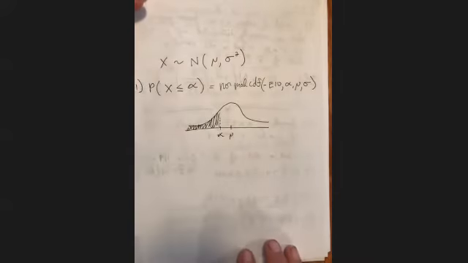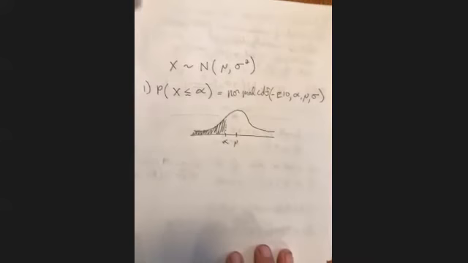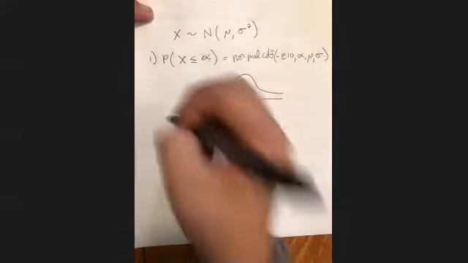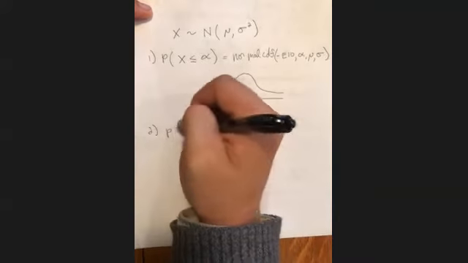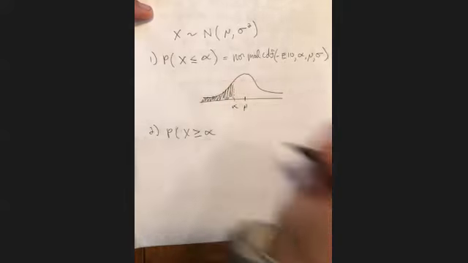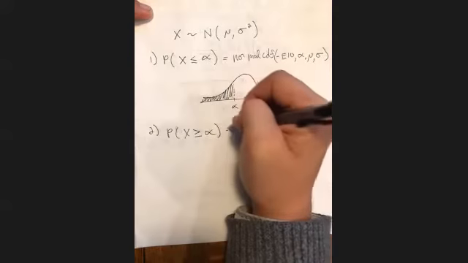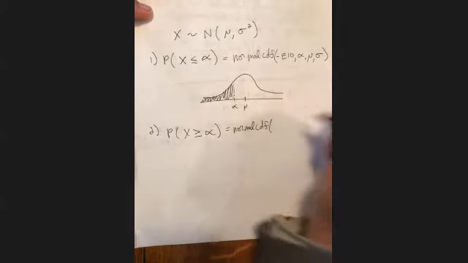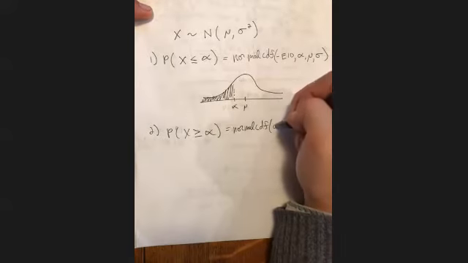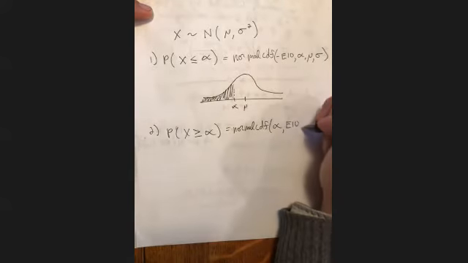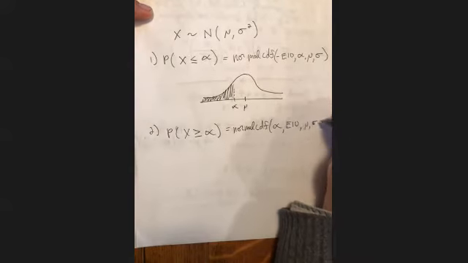So this is the first possibility. Second possibility, probability that our random variable is greater than or equal to alpha. In terms of the normal CDF function, this is going to be lower bound alpha, upper bound something very large, E10, and then mu, sigma.